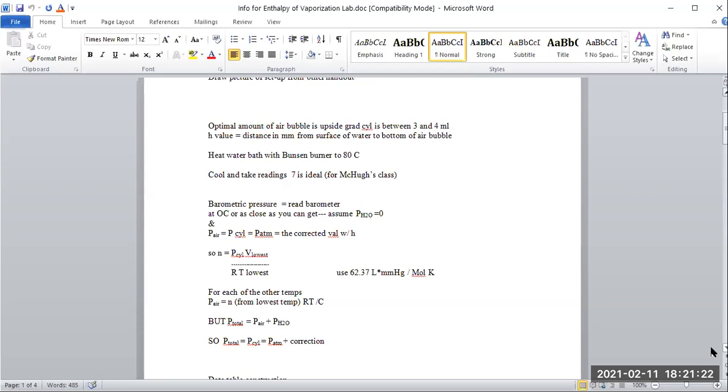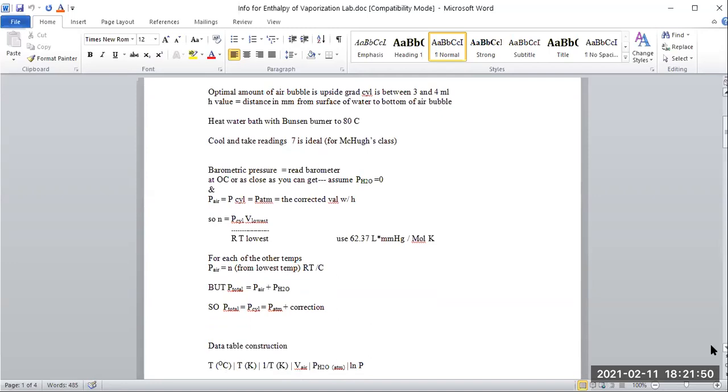Typically your H values tend to be 40 millimeters, 50 millimeters, somewhere in that ballpark. I did make a slight change here. The people who did it yesterday, we actually did 6 readings plus the 5 degrees Celsius one.